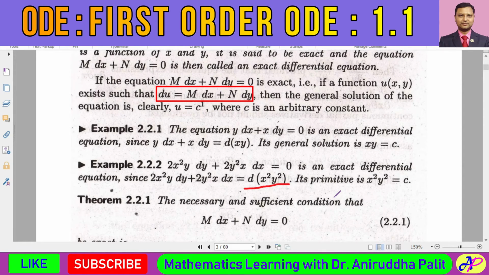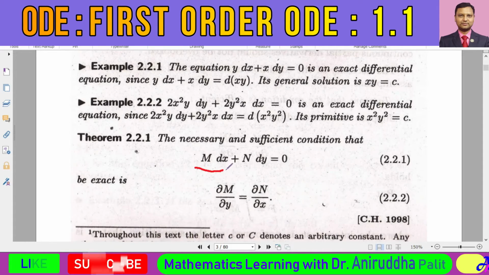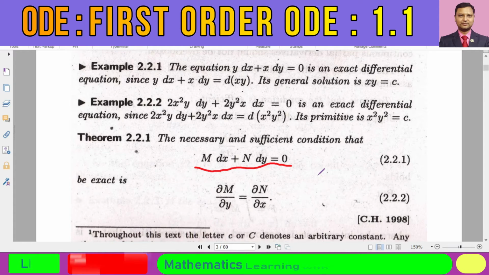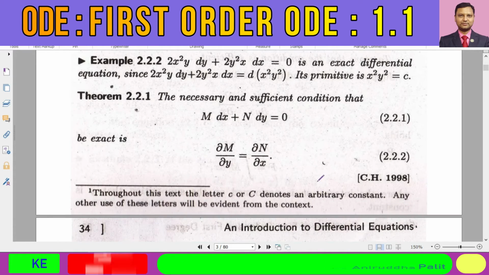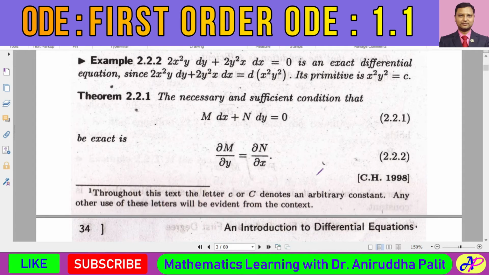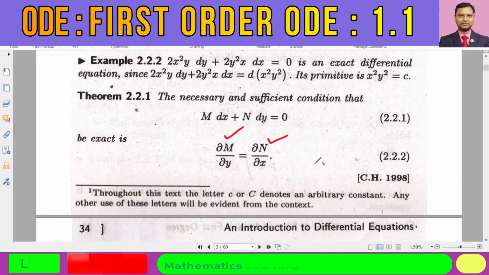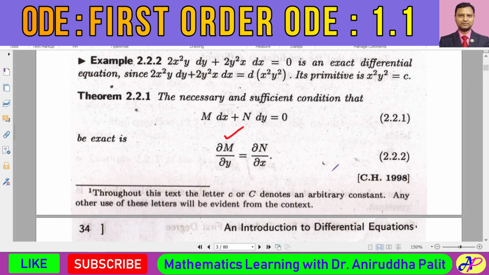So in that case, how can we check whether a differential equation in this form M dx plus N dy is an exact differential equation? The necessary and sufficient condition for such a result is that the partial derivative of M with respect to y, del M del y, must be equal to the partial derivative of N with respect to x, del N del x.